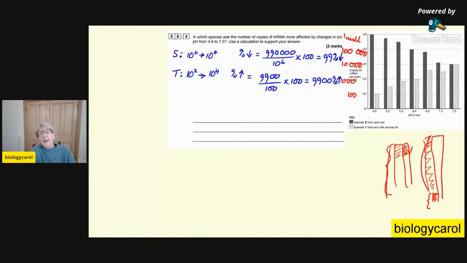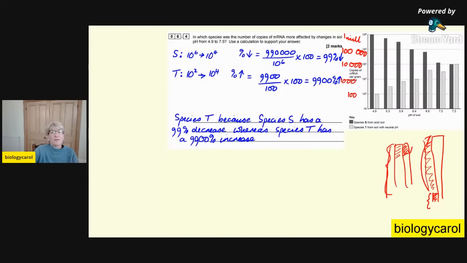And it is way over 100%, because 100% would be doubling it. It's 9,900%. So therefore, T has this bigger increase, because species S had a 99% decrease, but T had a 9,900% increase.